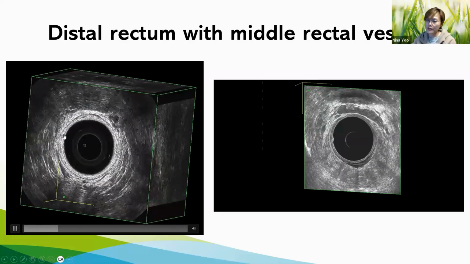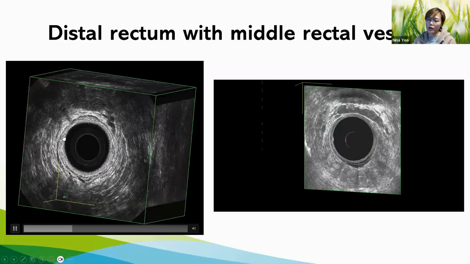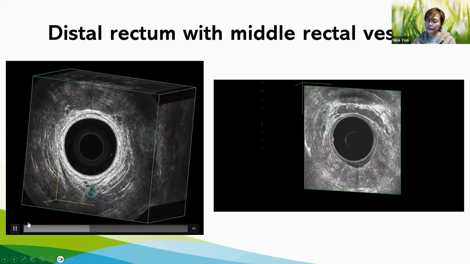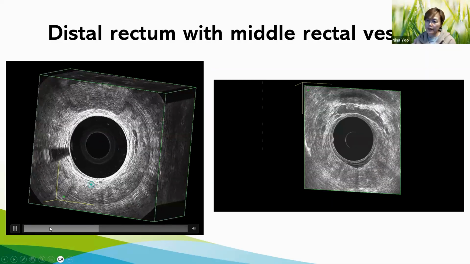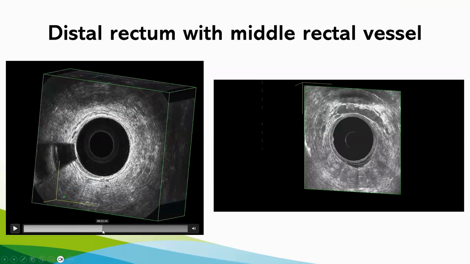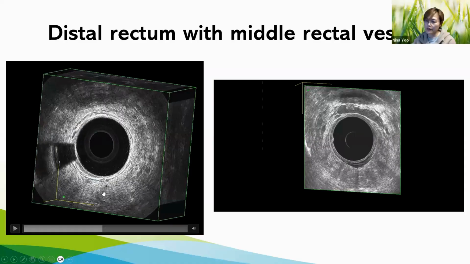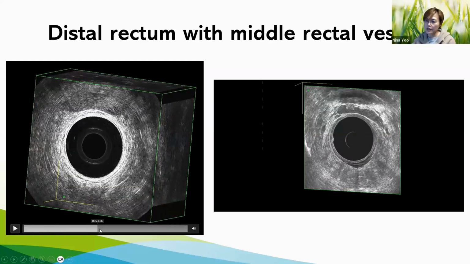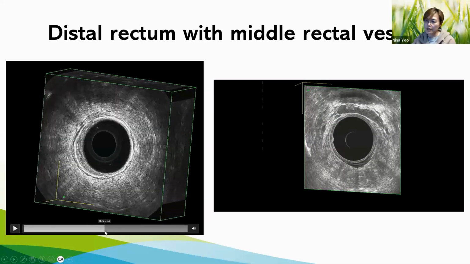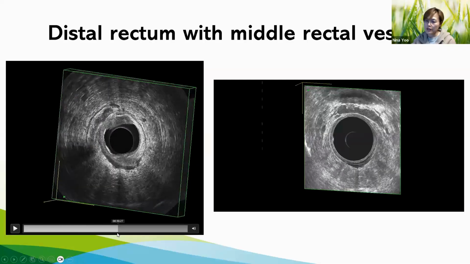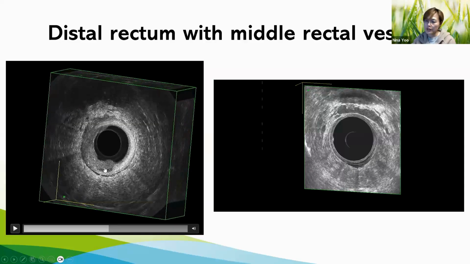If there's a feeding vessel, I usually call it EMVI. What I just showed you here, that's the mid-rectal vessel on one side, and all these, that's another feeding vessel.